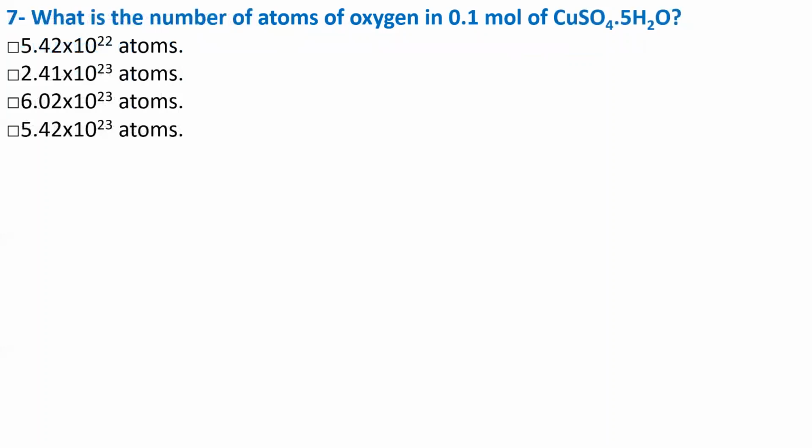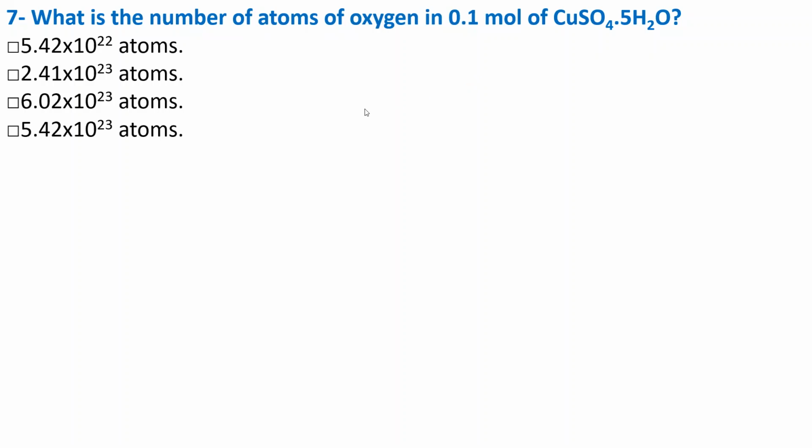Number 7, what is the number of atoms of oxygen in 0.1 mole of copper sulfate pentahydrate, CuSO4·5H2O, called pentahydrate, water of hydration? Number of oxygen here 4 and 5 equals 9. 1 mole equals 9. So 0.1 mole equals 0.9 mole of oxygen atoms.